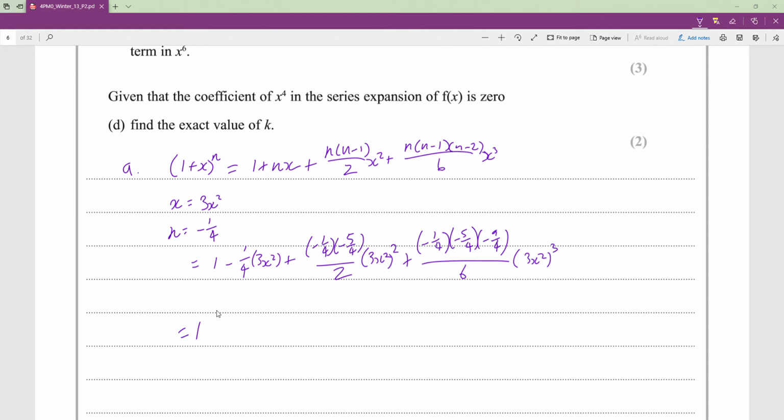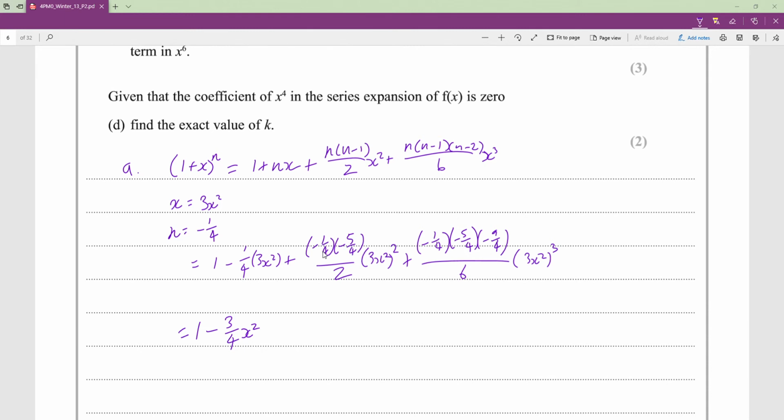Let's just quickly... this is minus 3 over 4 x squared. And then what about this? Minus 1 over 4 times minus 5 over 4 times 1 over 2.